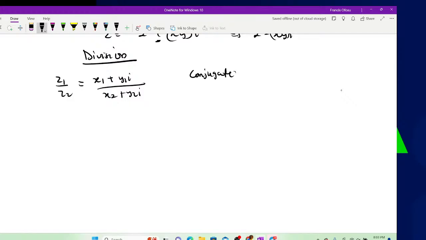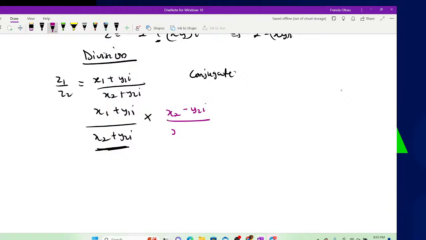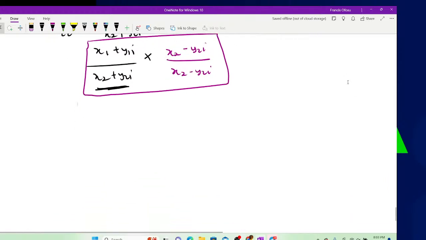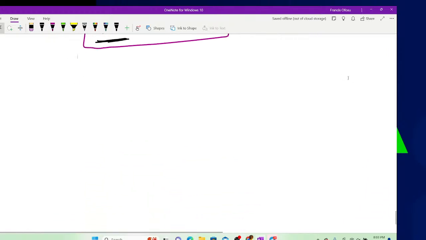So the rule is x1 plus y1i all over x2 plus y2i. You multiply it by the conjugate of the denominator. So I'll multiply it by x2 minus y2i over x2 minus y2i, and this will help me divide any complex number I come by. Let's take an example so you see how we apply this.